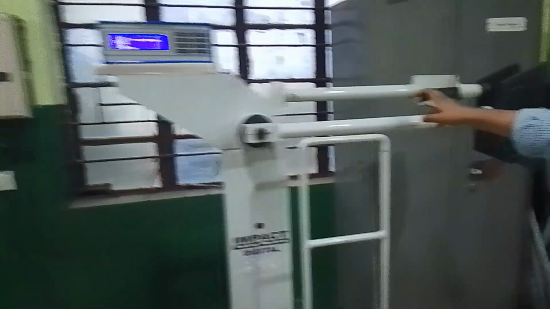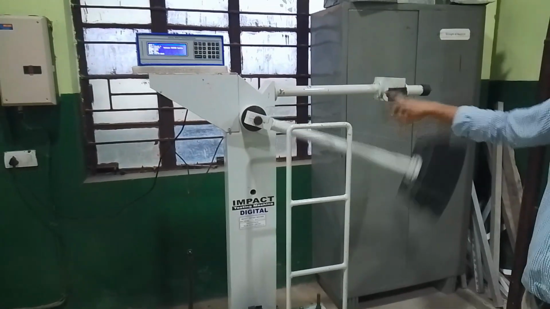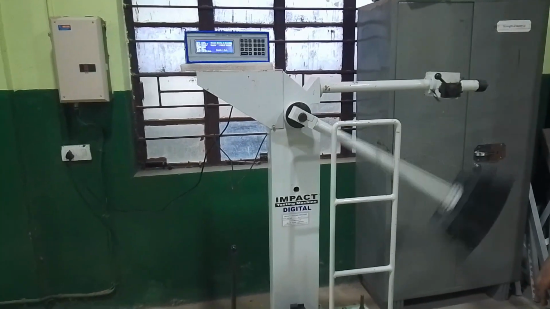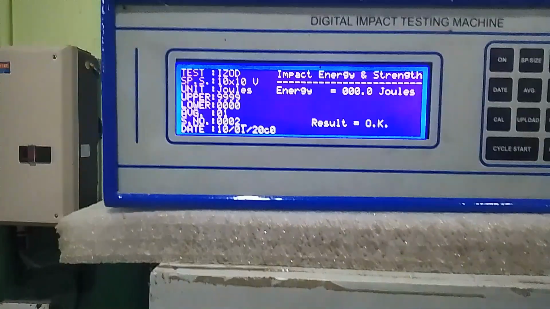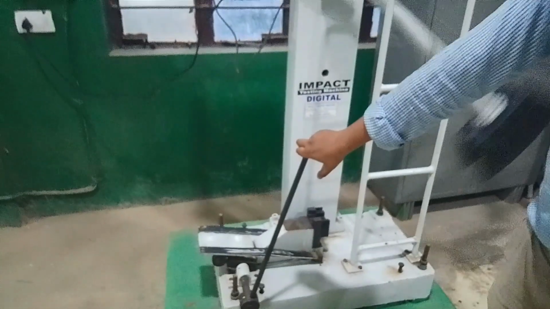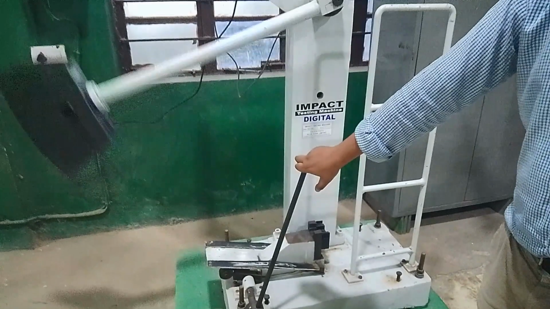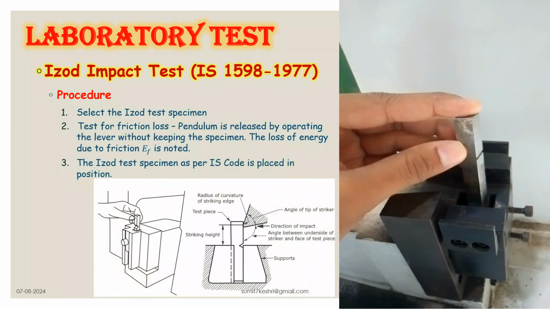Now the hammer will free fall and the energy is noted, which can be seen on the machine. Now here energy is giving 0 joule, that is the friction loss here is 0. So we can note it down as a friction loss as 0 joule. After performing the friction loss test, the hammer is placed back in its initial position and locked.